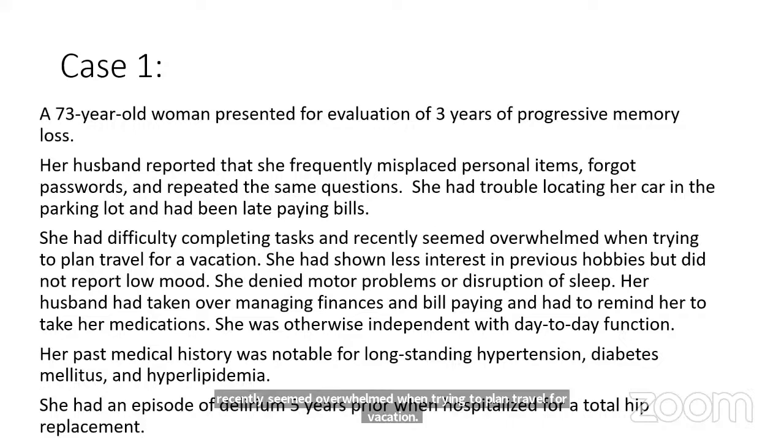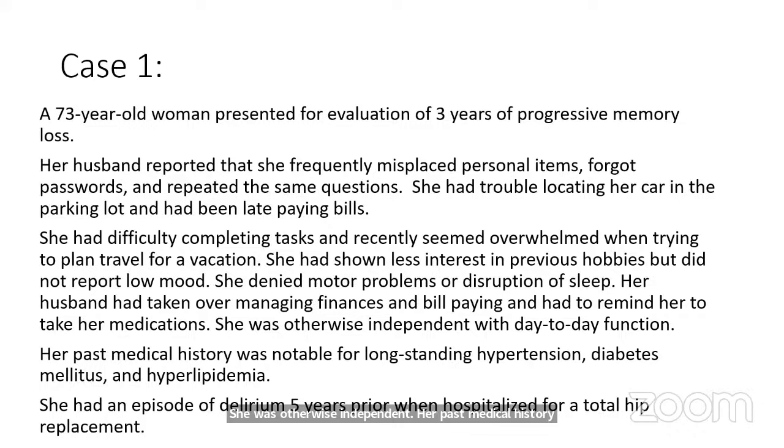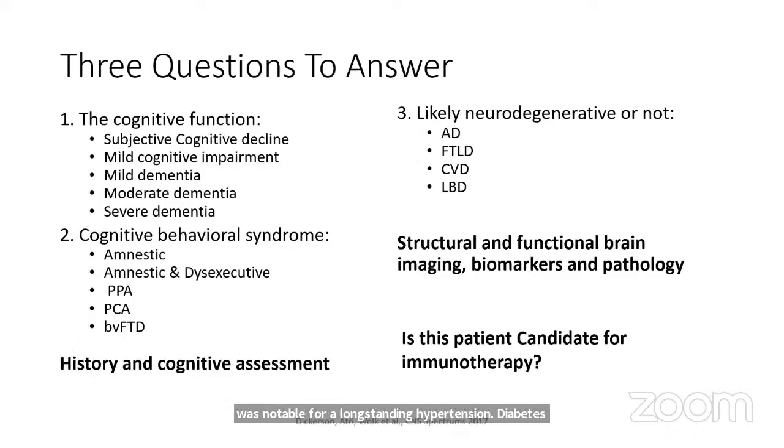She had shown less interest in previous hobbies, but did not report low mood. She denied motor problems or disruption of sleep. Her husband had taken over managing finances and bill paying and had to remind her to take her medications. She was otherwise independent. Her past medical history was notable for long-standing hypertension, diabetes, and dyslipidemia, and she had an episode of delirium 5 years ago.